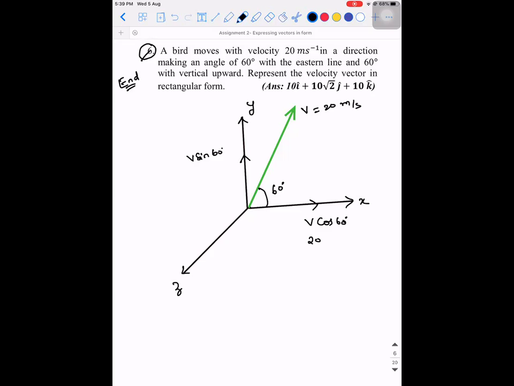So V is 20. 20 into cos 60 is half, that will be 10. V sin 60 will be how much? That is 20 into root 3 by 2. This and this will get cancelled. Answer will be 10 root 3. Right?